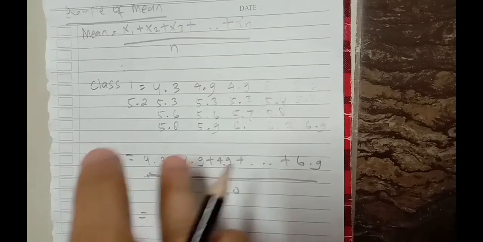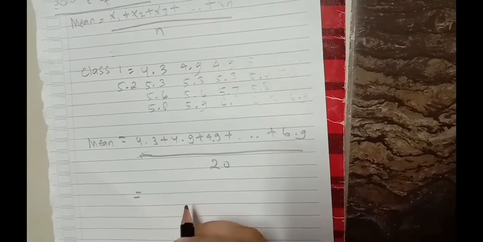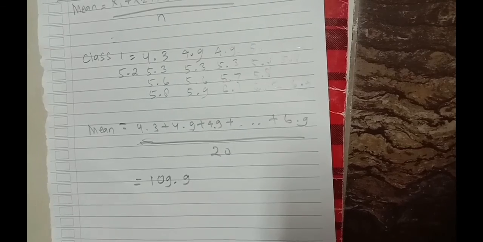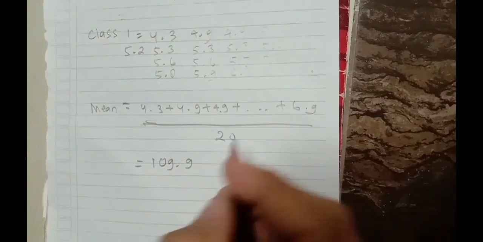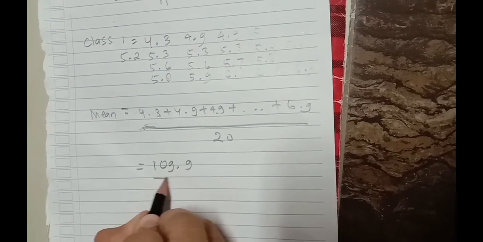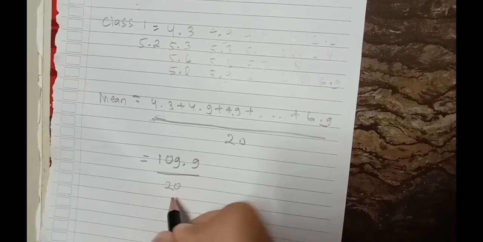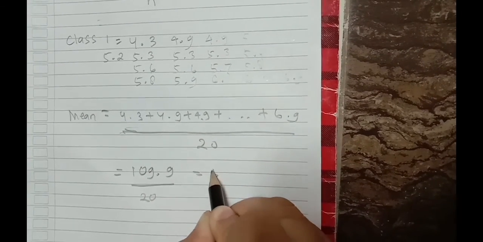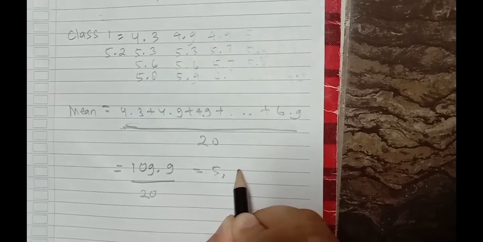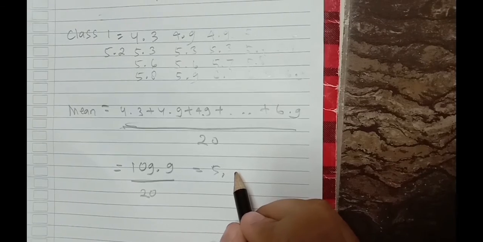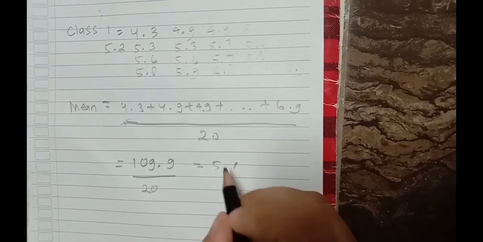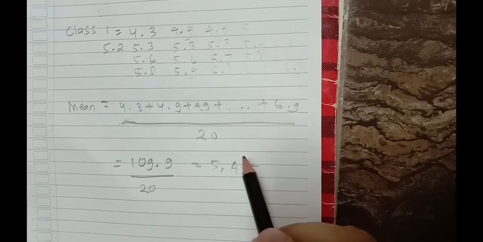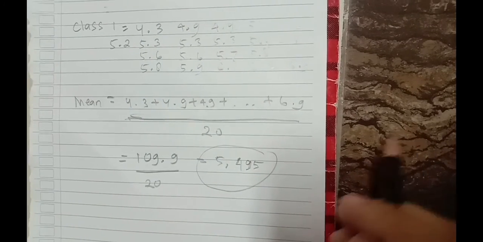You must calculate all the numbers and divide by 20, so 190.9 divided by 20 equals 5.495. This is the result. This is the mean.